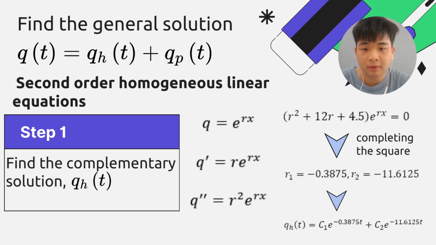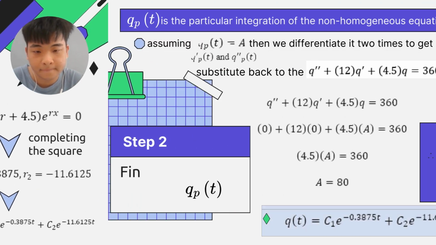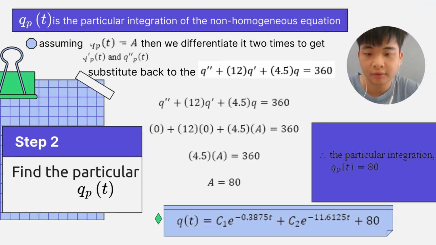Finally, we get our homogeneous solution, which is C1 e power of negative 0.3875t plus C2 e power of negative 11.6125t.